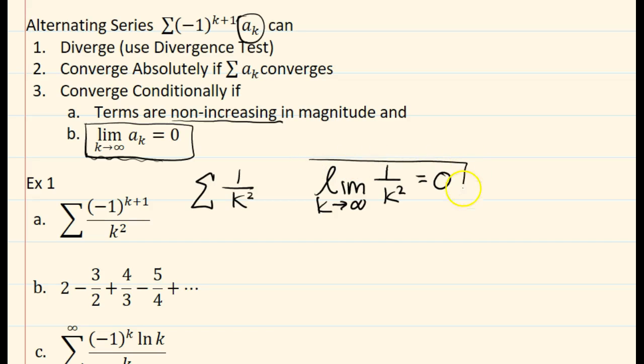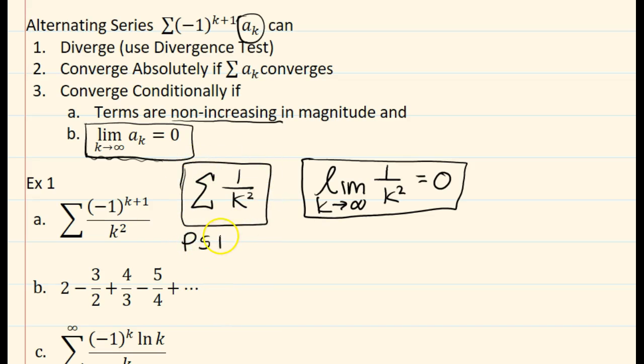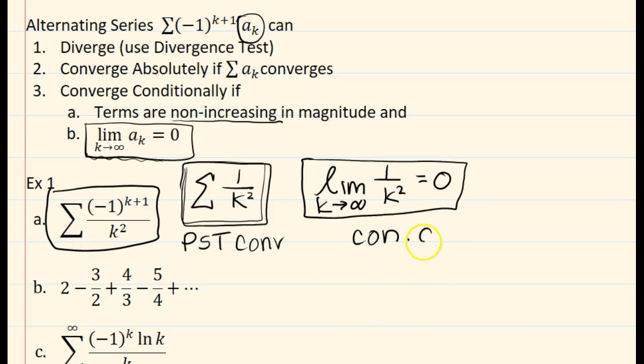Before we keep going, we're going to find if this converges or diverges. Well, from the p-series test, we know that this converges. Because our non-alternating part converges, we can say that our alternating series converges absolutely.